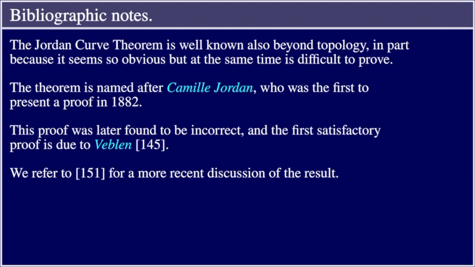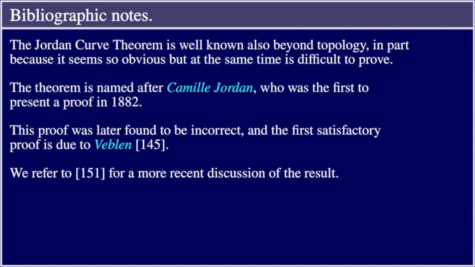Bibliographic notes. The Jordan curve theorem is well known also beyond topology, in part because it seems so obvious, but at the same time is difficult to prove. The theorem is named after Camille Jordan, who was the first to present a proof in 1882. This proof was later found to be incorrect, and the first satisfactory proof is due to Veblen, 145.